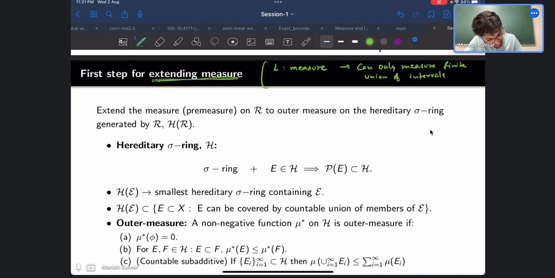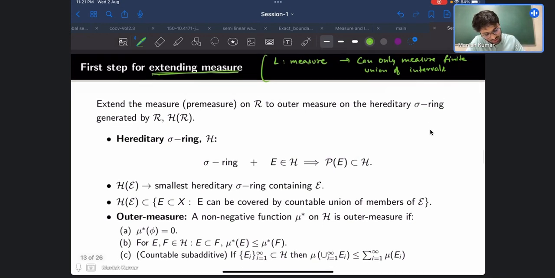In fact, we can do it for infinite unions of intervals as well, but the main thing is that we can just measure some unions of intervals, that's it. So Q intersection [0,1] cannot be measured by this length function, right? This is the reason why we want to extend it.